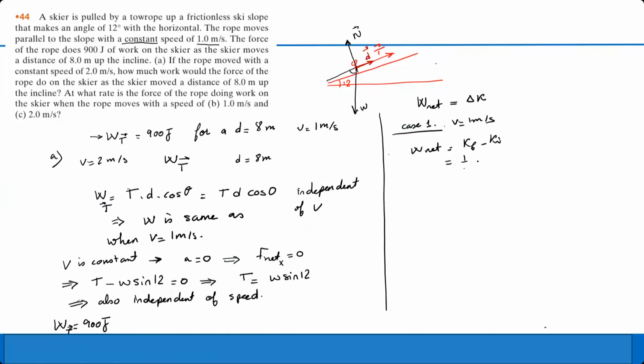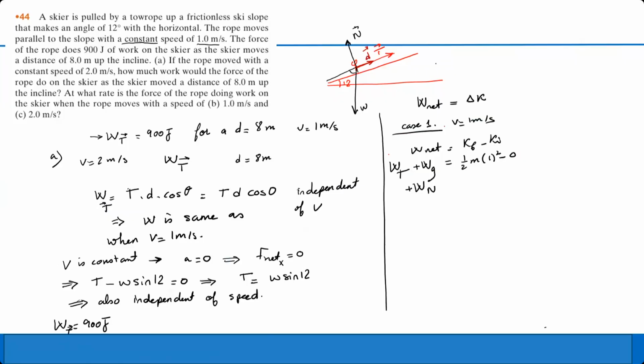Here I have half m times 1 squared minus 0. And for W net, here is where the issue shows up. W net is not just the work done by the tension, it is actually the work done by the tension plus the work done by gravity plus the work done by the normal.